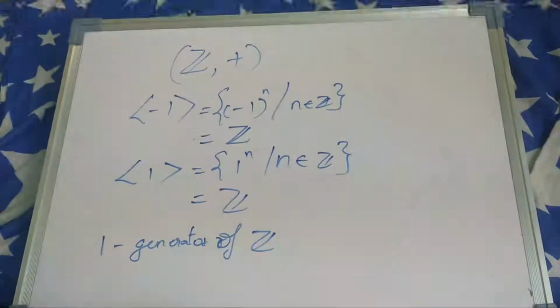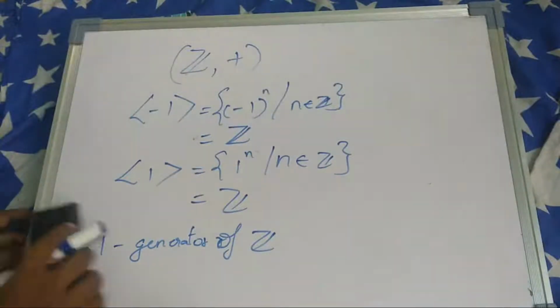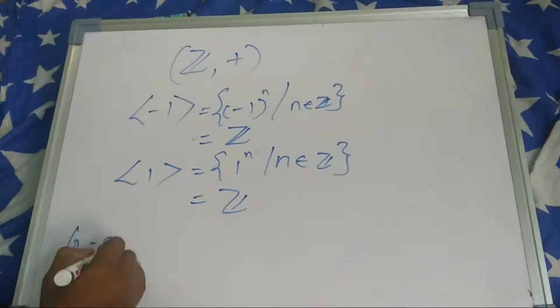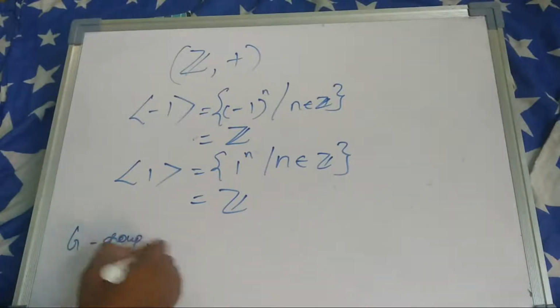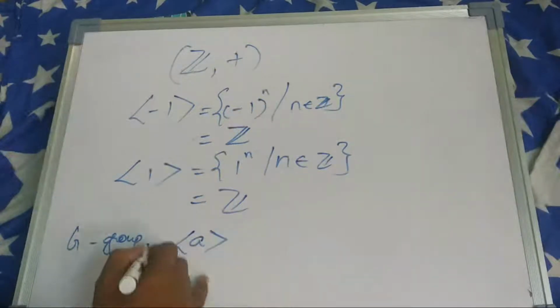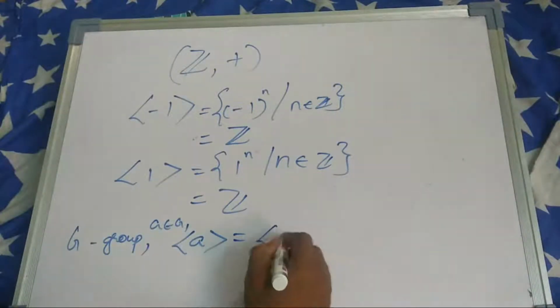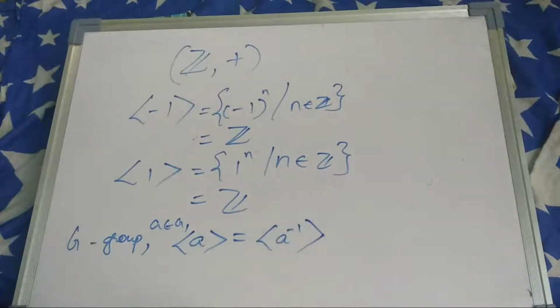So if G is a group and a belongs to G, then the subgroup generated by a is equal to the subgroup generated by a inverse. And you can easily verify it just by seeing the definition. Fine.